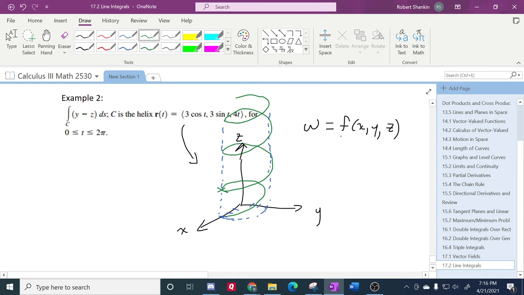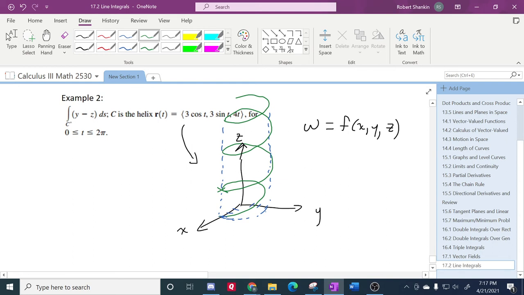And now let me give you a for instance of the possible application of some crazy thing like this. Suppose W, which is y minus z, is representing the temperature. Then we might get the arc length weighted with temperature.